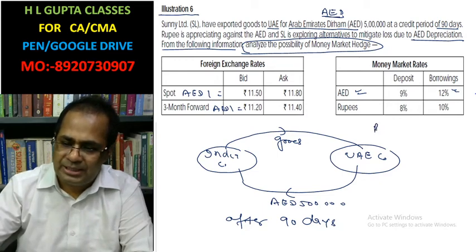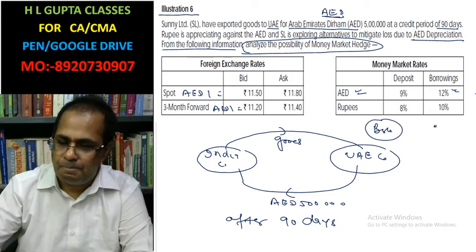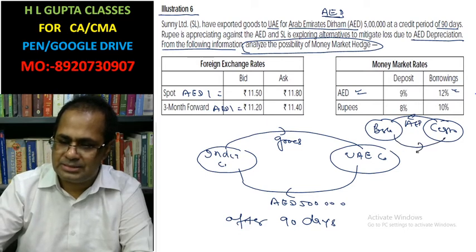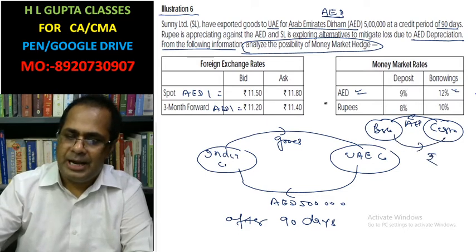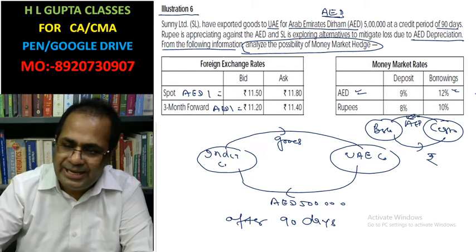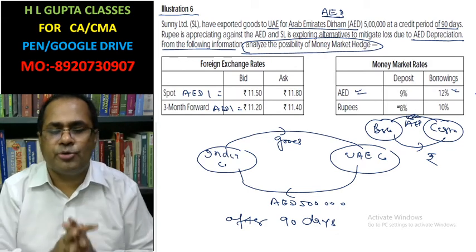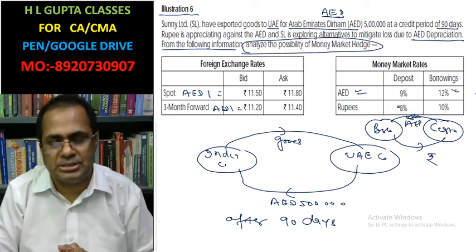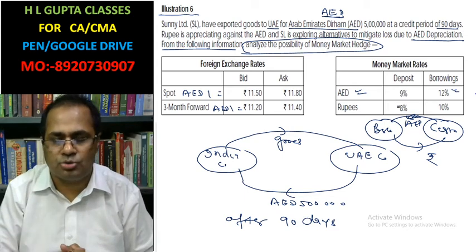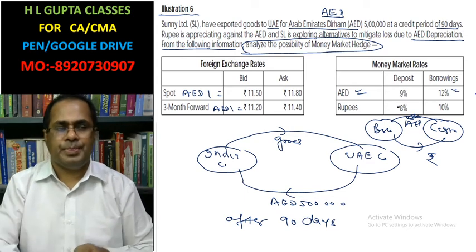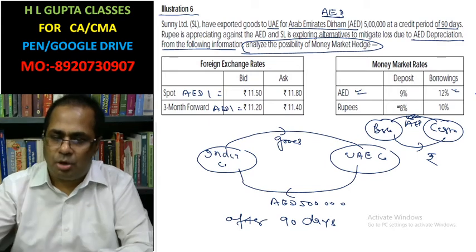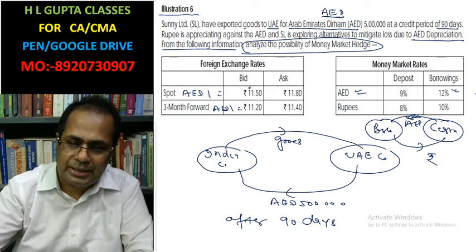Suppose bank is here, customer is here, you have AED and receive rupees, and AED is a commodity currency. Commodity currency is coming to the bank. It means the bank is going to buy the commodity. That's why the bid rate is applied.